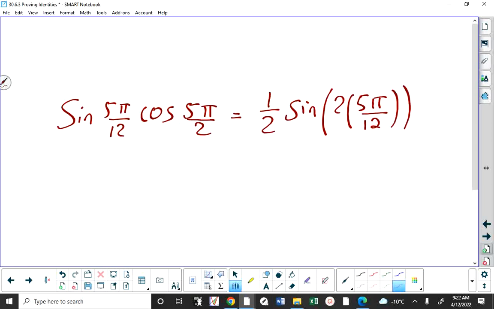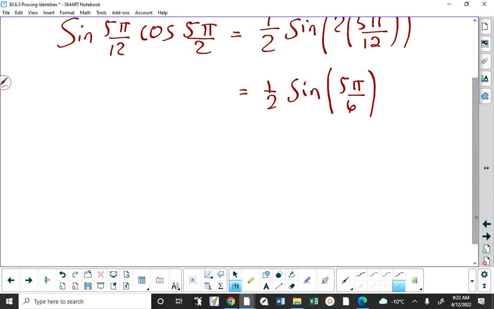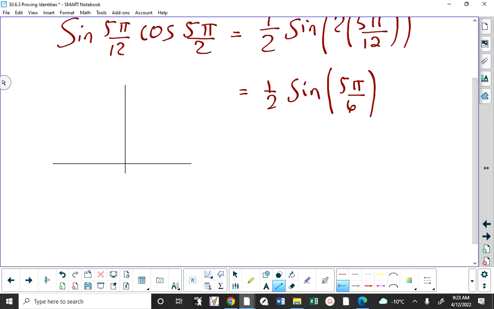Good. And this gives us 1/2 times sine of 5 pi over 6, because 2 over 12 reduces to 1 over 6. And we know what sine of 5 pi over 6 is, or we should be able to figure it out with a little bit of thought.